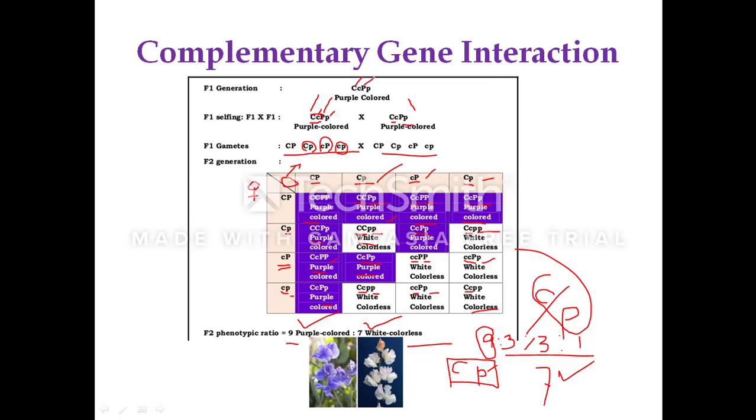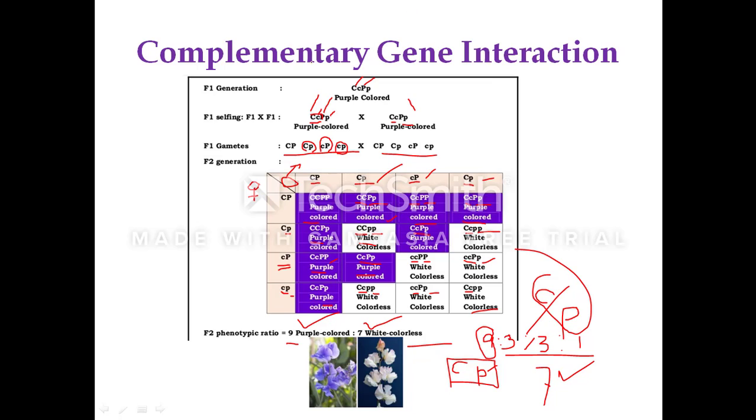One of these factors, capital C, produces the colorless base, chromogen, while P produces an enzyme which activates the chromogen to produce the color.